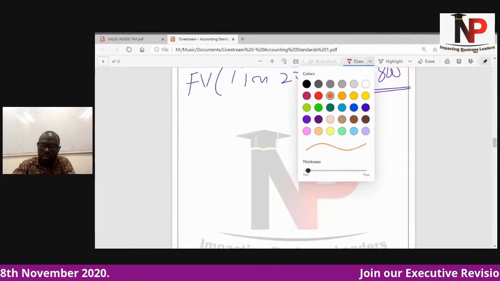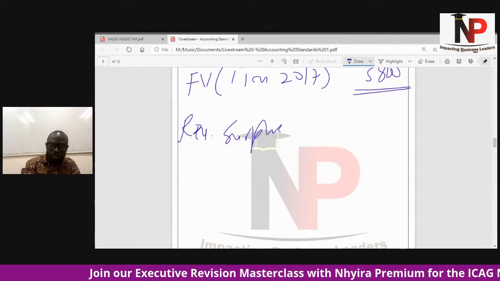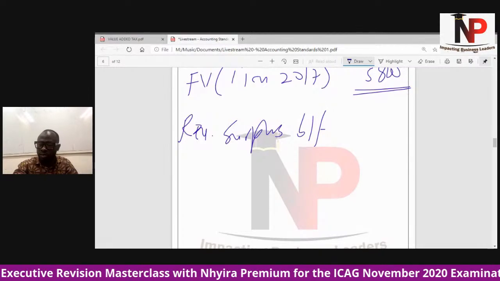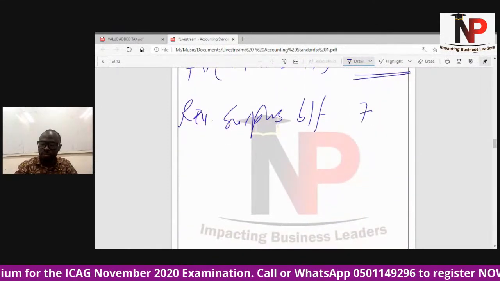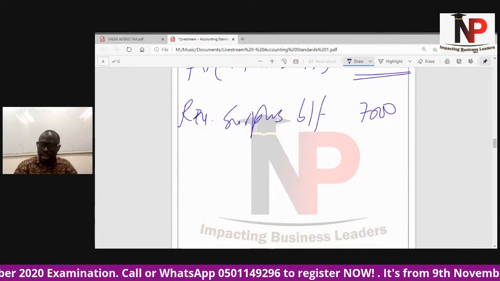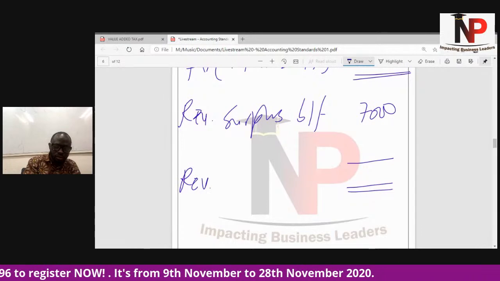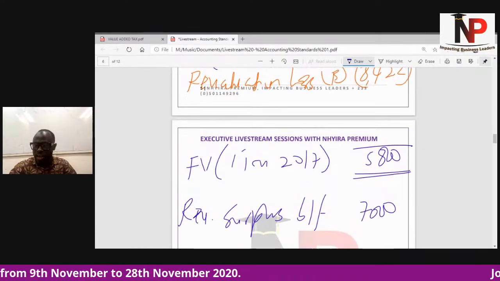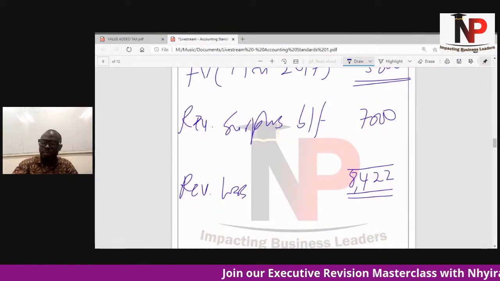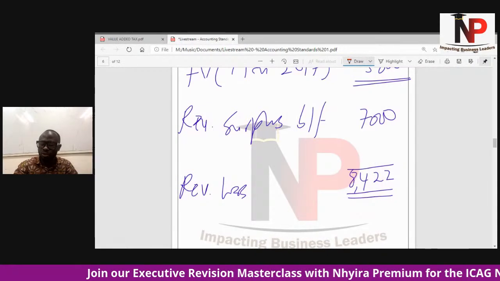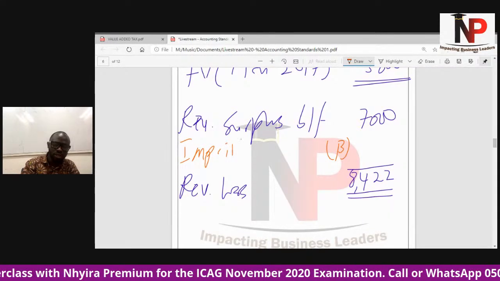So we're going to bring that up: the revaluation surplus brought forward. Remember, there hasn't been any transfer of it, so there's a revaluation surplus of 7,000. Then the revaluation loss we have currently is 8,422, so the balancing figure will be taken to the P&L account. If you want, we could call it impairment loss.